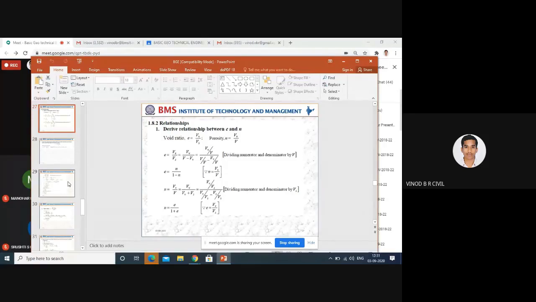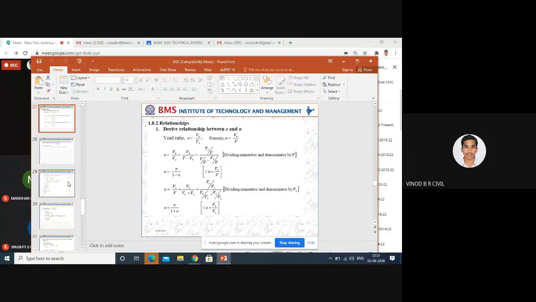First one is derive the relationship between small e and n. Small e is nothing but the void ratio. As we already discussed with the help of three-phase and two-phase diagram, void ratio equals volume of voids divided by volume of soil.